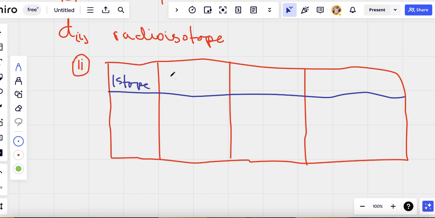Instead of number of protons, I'll just write proton. Here, number of neutrons, I'll just write neutron. Here, number of electrons, we write electron. So we'll fill this table.